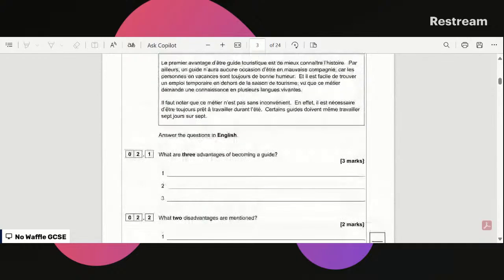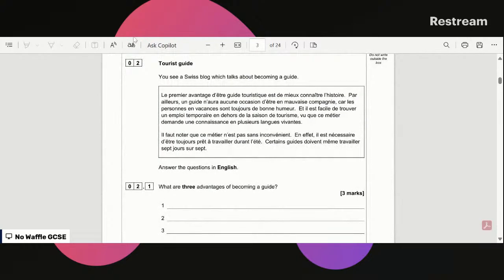Okay, what are 2 disadvantages mentioned? So, going through the disadvantages, you've got il faut noter que ce métier n'a pas sans inconvénient.